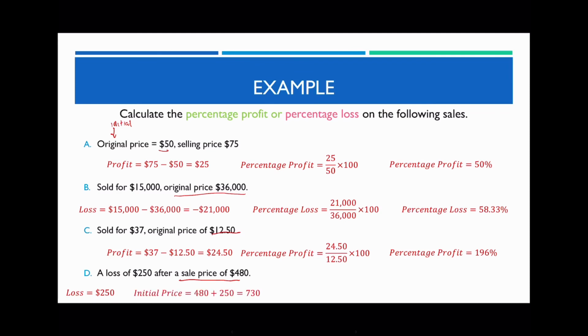So your initial price is therefore going to be $480, which is what you paid, plus the $250 because that's the loss. So therefore the initial price is going to be $730. Now that I've calculated the initial price, I can then use the formula. So 250 divided by 730 multiplied by 100. Therefore, this will give you a percentage loss of 34.25%.